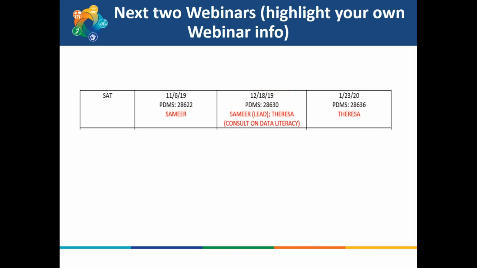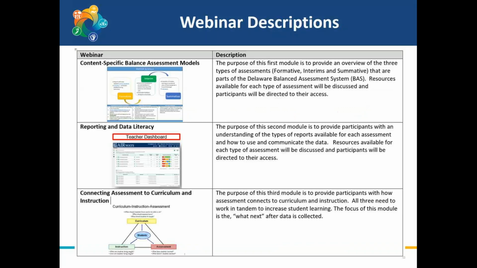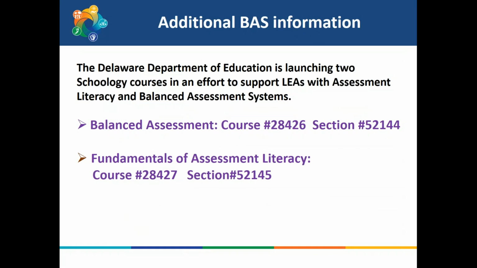The upcoming webinar on December 18th will be primarily focused on reporting and data literacy, and then we will have another and final webinar on January 23rd, which will be focused mainly on connecting assessment to curriculum and instruction. These are the details of the upcoming webinars that you can take a look at.